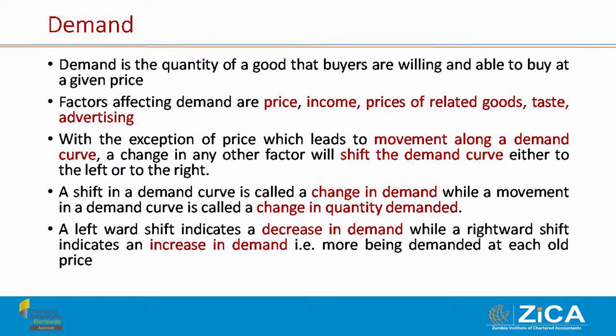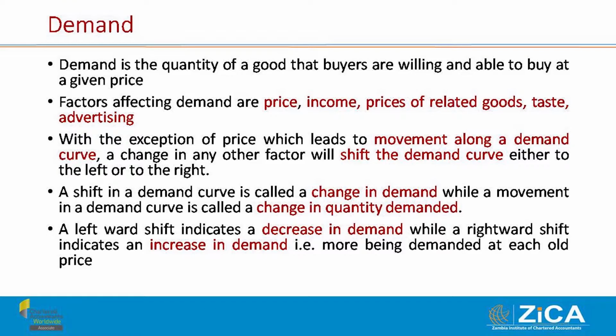What is demand? Demand is simply the quantity of a good that buyers are able and willing to buy at a given price. And there are many factors that affect the demand for a given product. One of them is the price of that particular good, the income, the prices of related goods, as well as the taste, expectations, and so on.